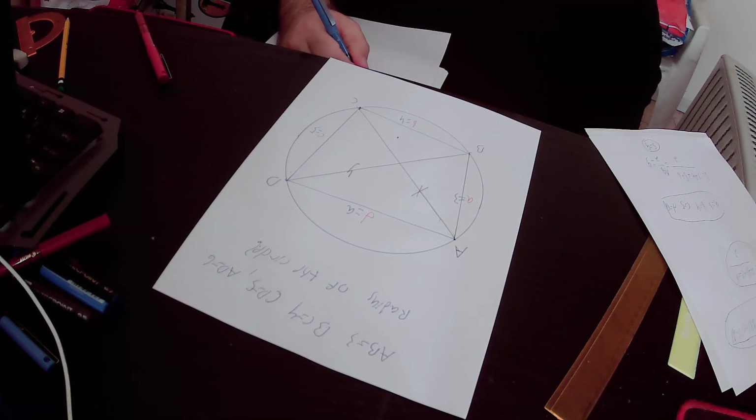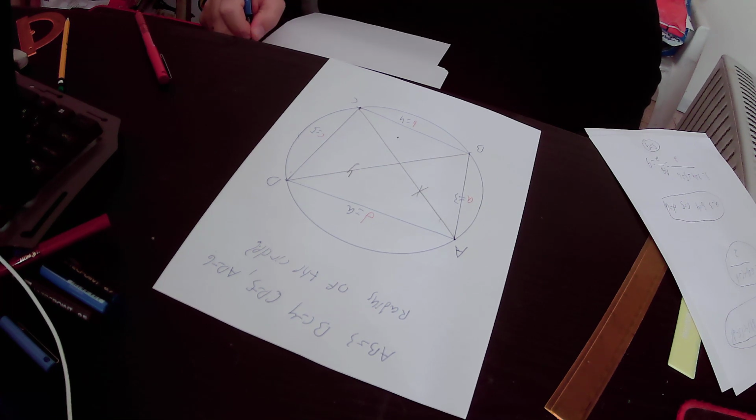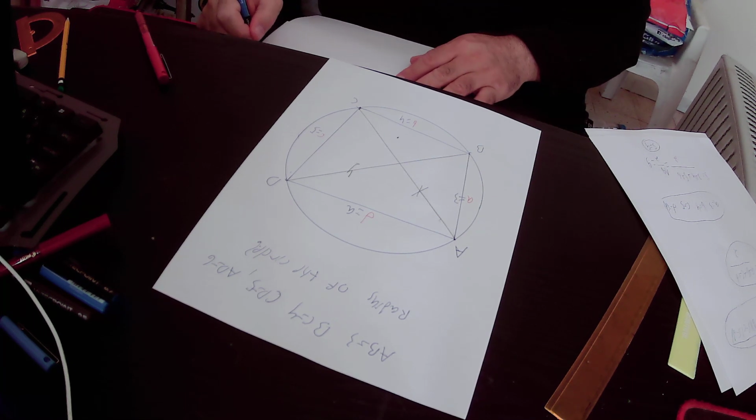So the area of quadrilateral ABCD equals the root of, S is 9, so it is actually 9 minus 3 times 9 minus 4 times 9 minus 5 times 9 minus 6.